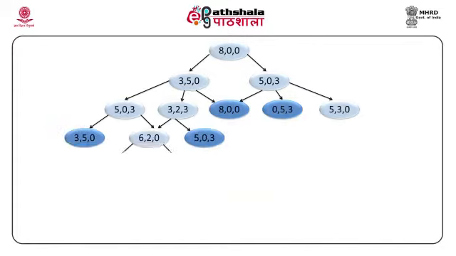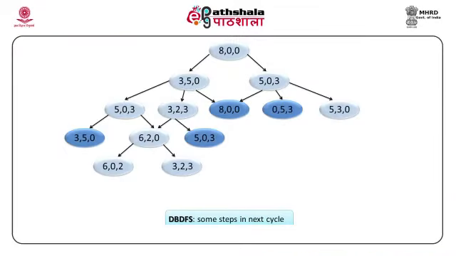Then in the next cycle, depth bound depth first search actually explores everything like the previous case, and then it starts looking for the solution like this. You can see that. Now, I do not need to explain every step. You may be surprised why the first cycle is repeated again. You may not repeat, but if you are not repeating, what you are supposed to do is to remember the entire tree, and if there is a problem with memory, you cannot do that. So, you have to repeat that again.